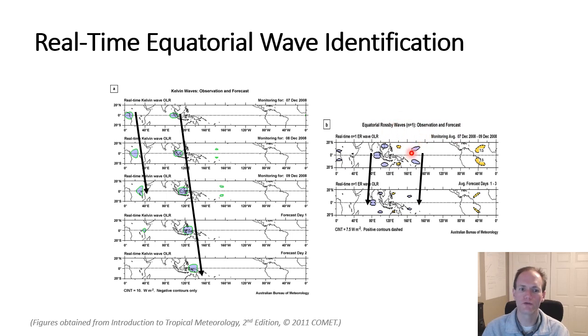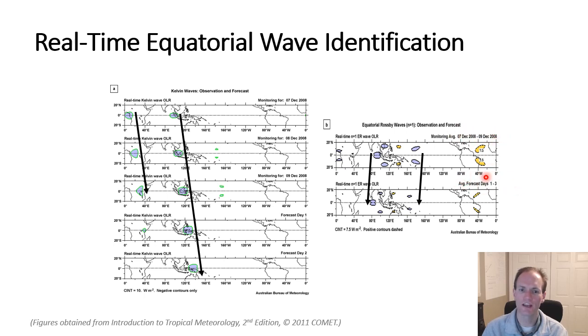Likewise, for equatorial Rossby waves here, we have an equatorial Rossby wave packet. And in particular, we have enhanced convection on either side of the equator near the western end of the maritime continent, suppressed thunderstorms near the central to eastern portion of the maritime continent on either side of the equator, and then enhanced thunderstorms on either side of the equator near the international dateline. This is a 3-day average, December 7th through 9th.